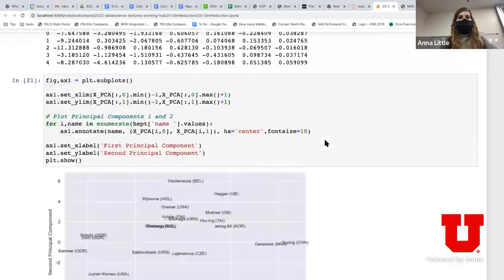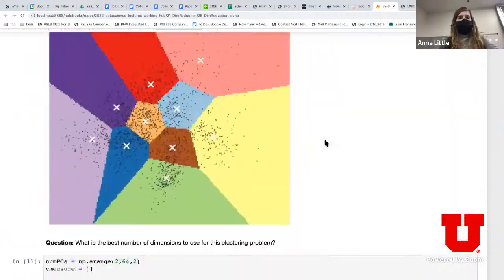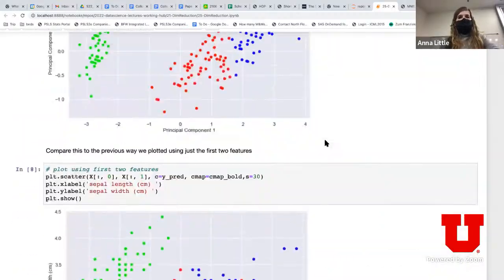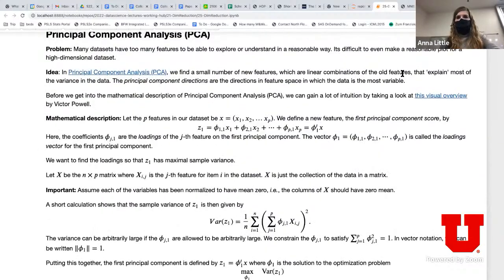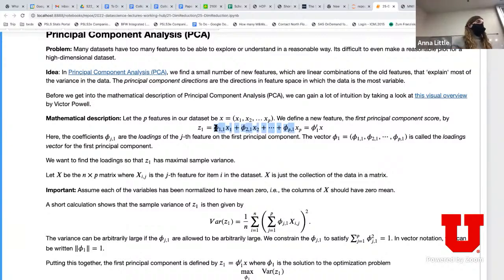So remember, when we're doing this whole procedure, how are we making these features? Well, we're making them as a linear combination of all of our features. That's not exactly the most interpretable thing, right?